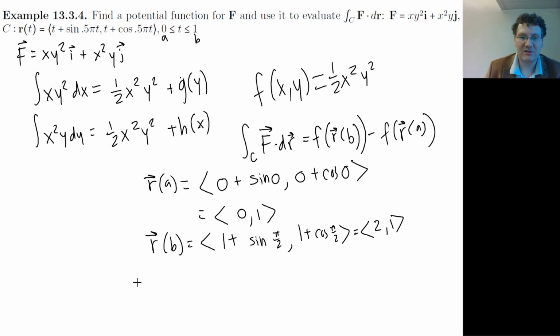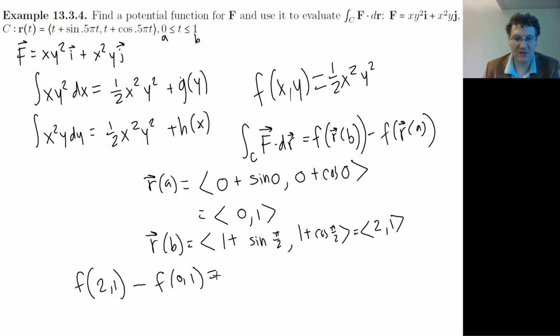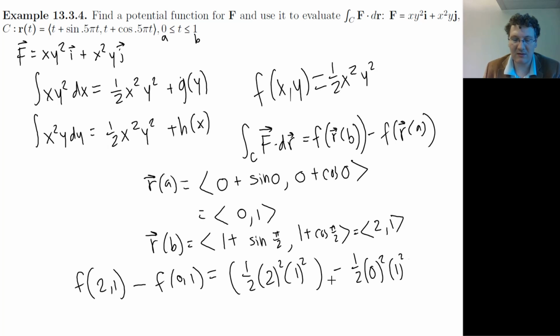Okay, so what I'm finding is f of 2, 1 minus f of 0, 1. So this is going to be 1/2 2 squared times 1 squared minus 1/2 0 squared times 1 squared. Well, that's just gone. 1/2 times 4, that's going to be a 2. And that's what this comes out to be.